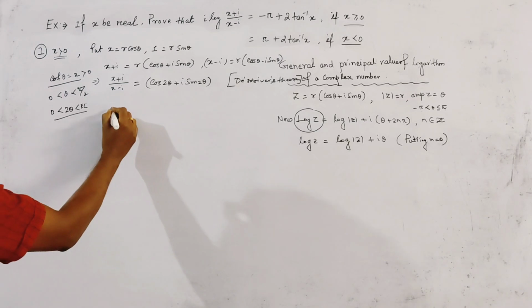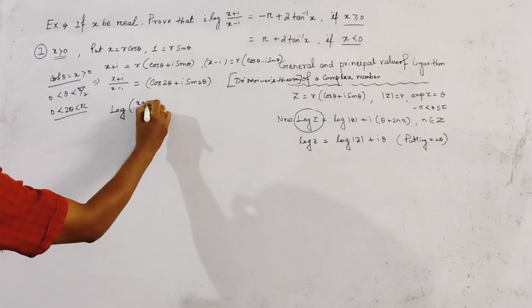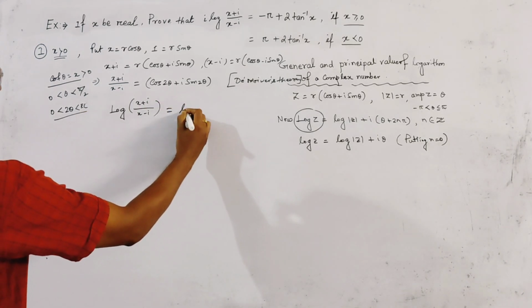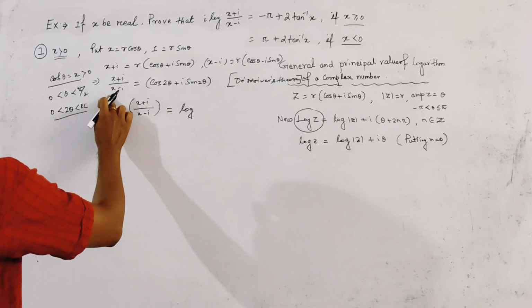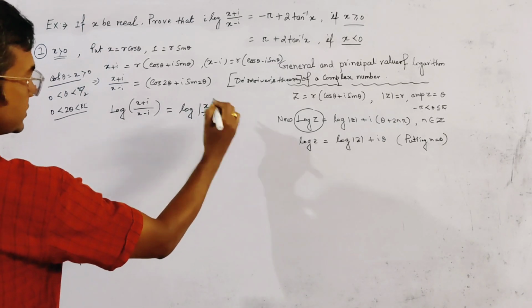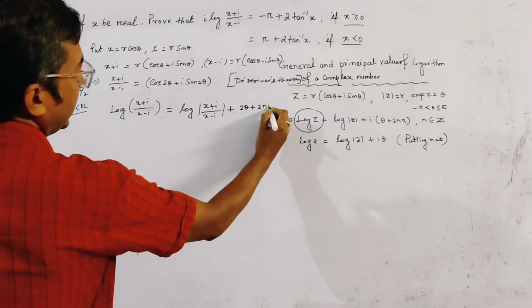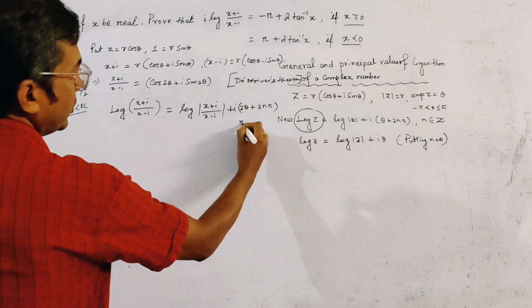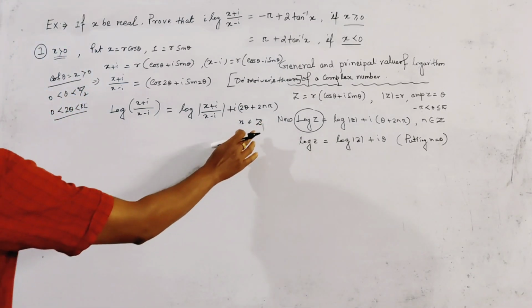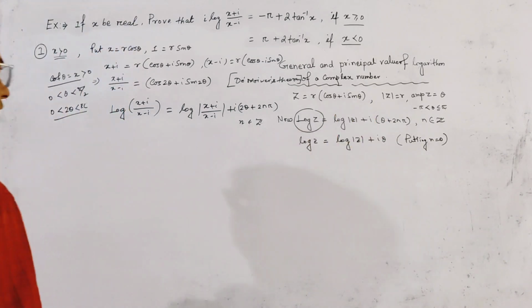So we write capital Log of (x + i)/(x − i) equal to small log of the modulus of (x + i)/(x − i), plus i(2θ + 2nπ), where n belongs to Z. We directly use the general value of the logarithm.